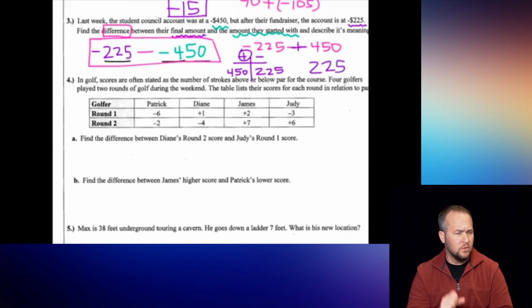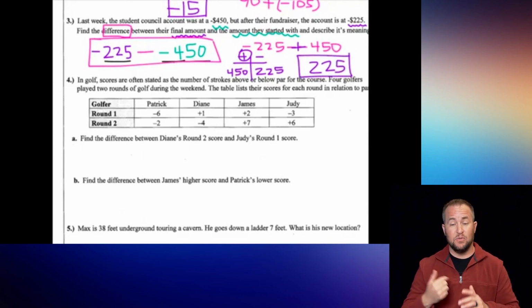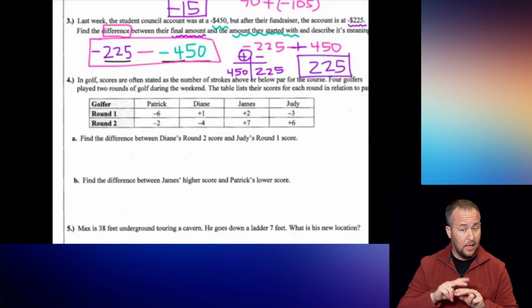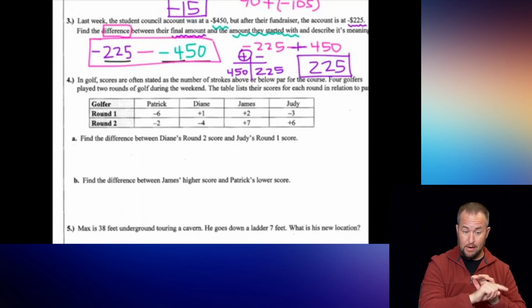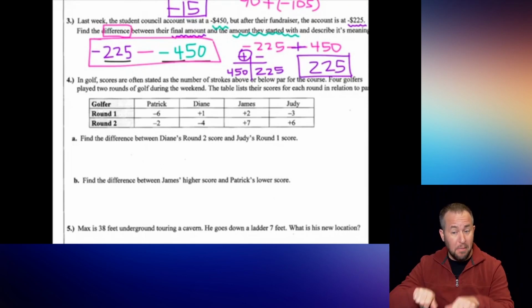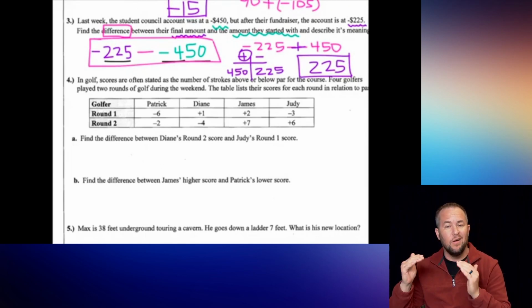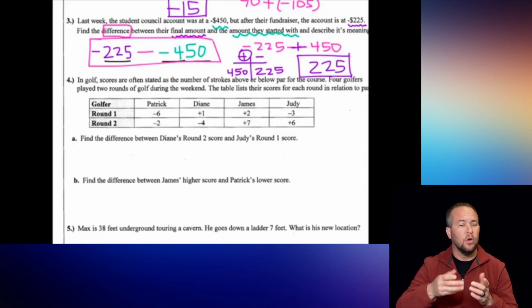So when I circle that in, it's a positive. So what that means is that we gained $225, which I explained at the beginning. I said, we started at negative 450 way down there, but then we went up to negative 225. So that $225, you could say in a sentence that over the course of the fundraiser, we ended up earning $225.